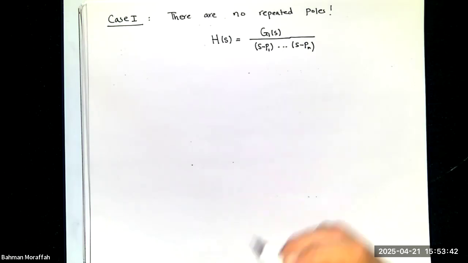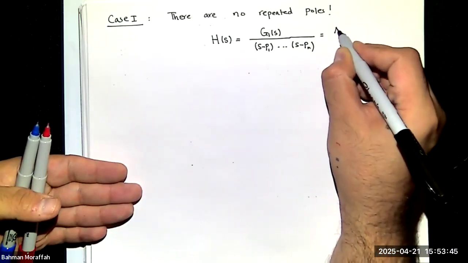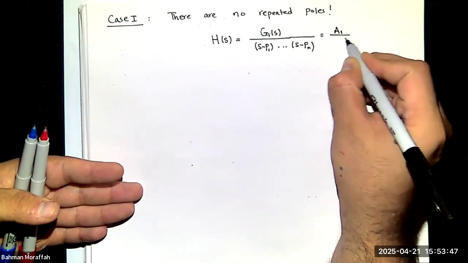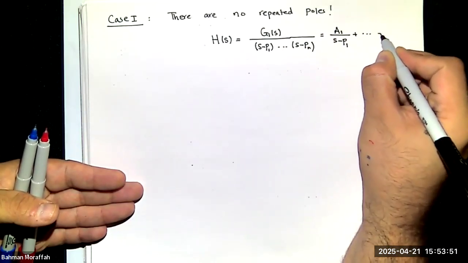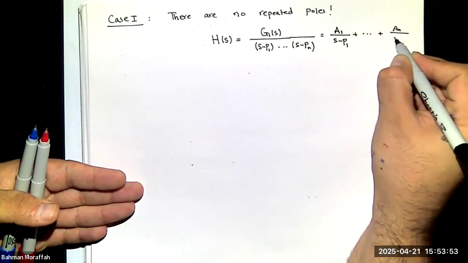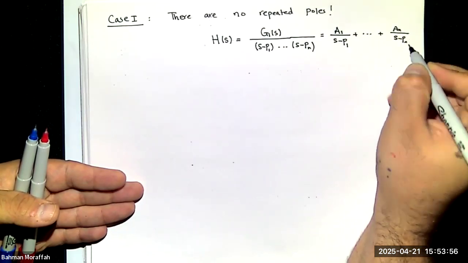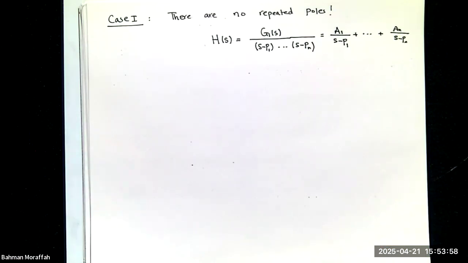It turns out I can write this function as A1 divided by (s minus p1) plus ... plus An divided by (s minus pn). All I have to do is tell you what these Ai are.